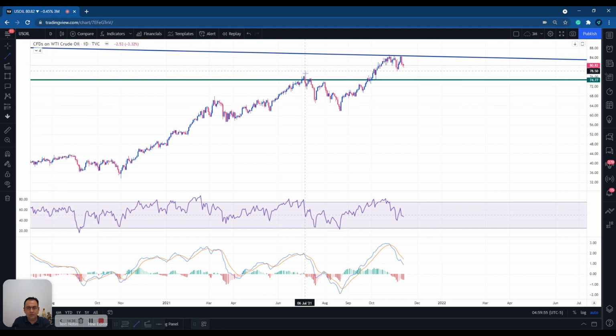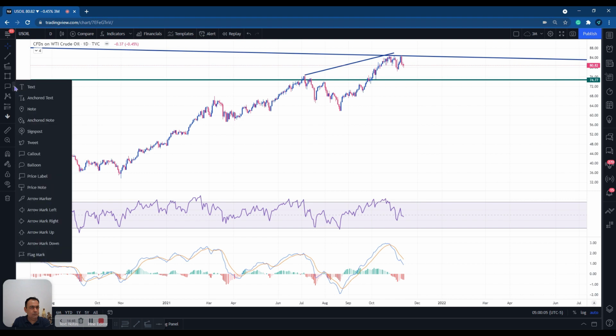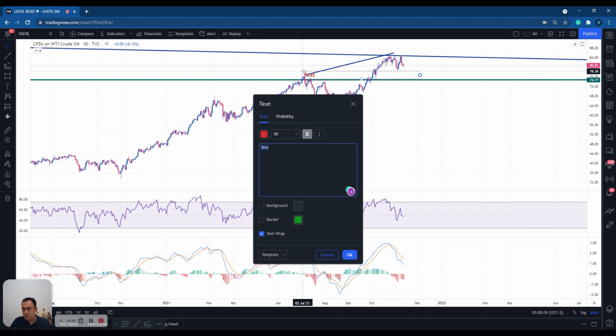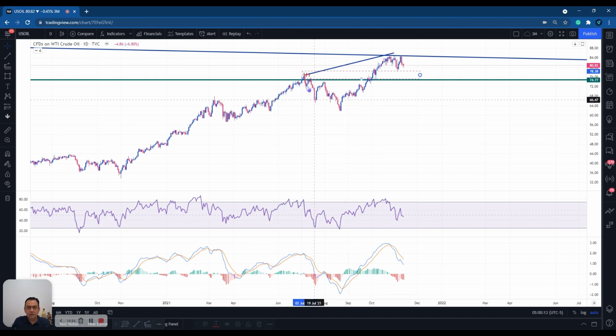Check this line in the latest line. Let's mark that. H1. So this will be H1.